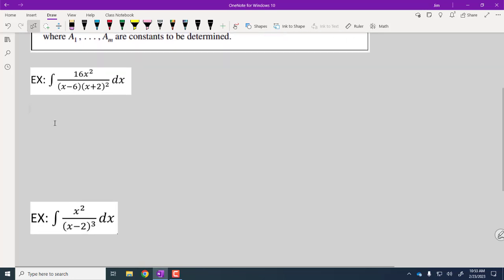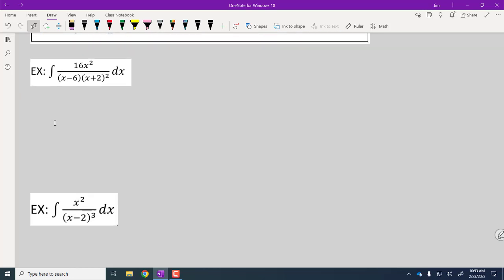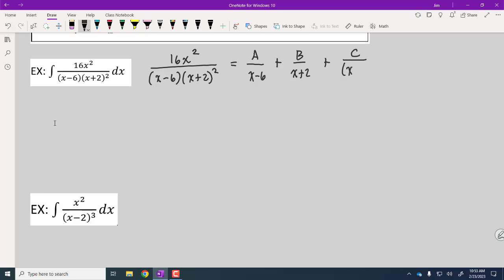So for example, here's how our setup is going to go. We're going to take our integrand, and this is how it is going to look. So we are going to break it apart into a over x minus 6 plus b over x plus 2 plus c over x plus 2 squared.